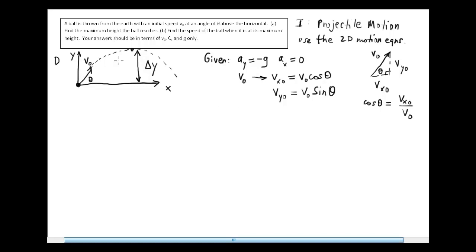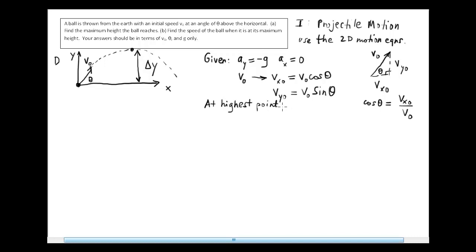We are given, wow, that may be just about it, except there's one more piece of important information that we're not told in the problem statement, but it has to do with the highest point. At the highest point, we should be able to figure out something about the velocity.